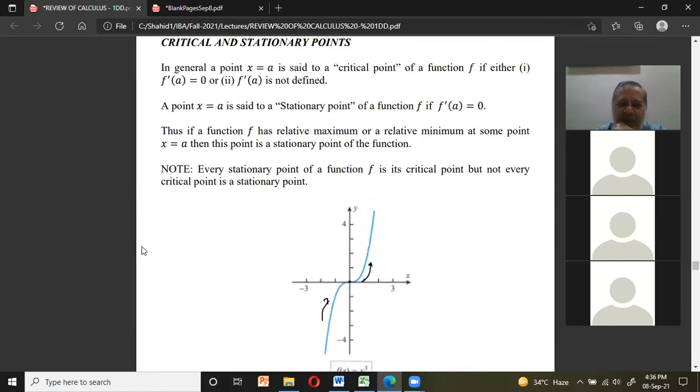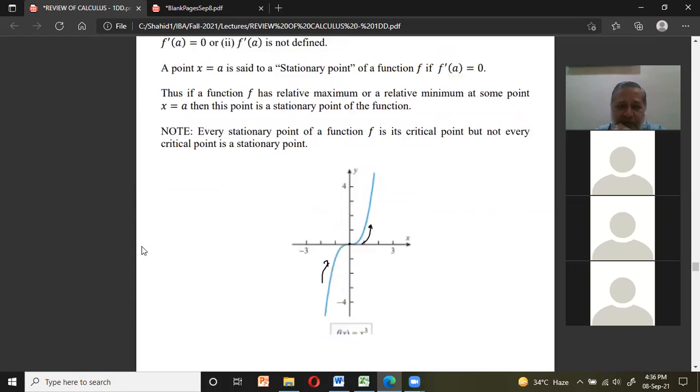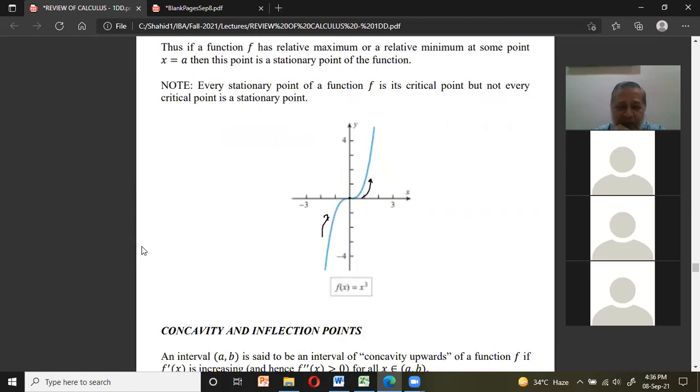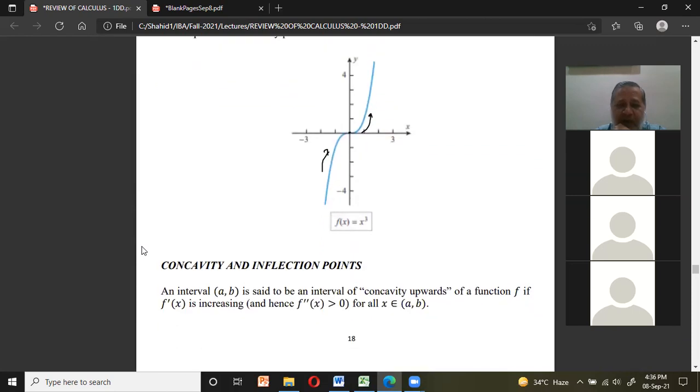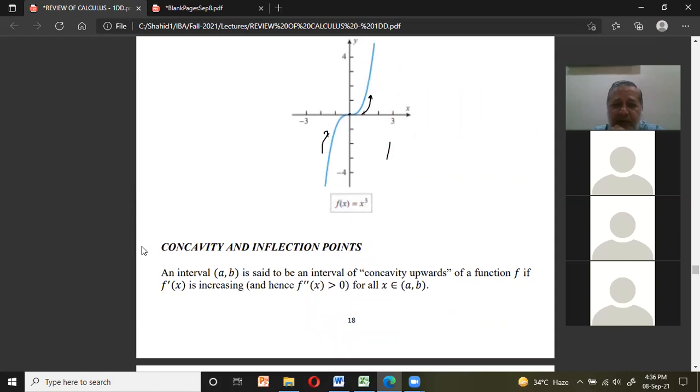We give such a point a special name. This kind of point is an inflection point. What's the property of an inflection point?